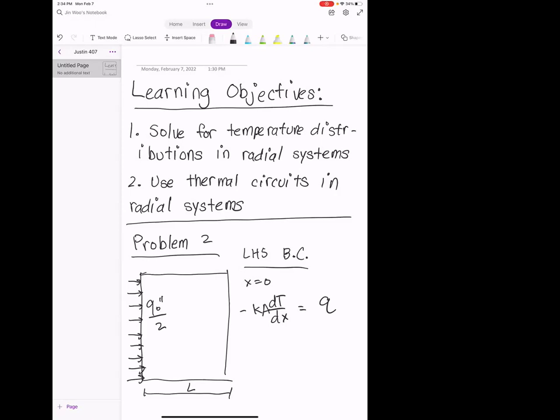To get this into the form for the problem, we divide both sides by A. So we have minus k dT/dx at x equals 0 equal to q naught double prime divided by 2. I divide by 2 because the plate is only receiving about half the heat the heater is producing.